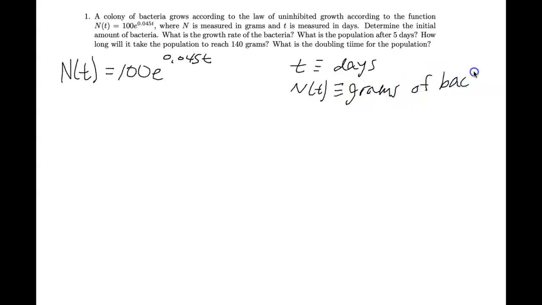In some cases we will want to find the formula, and we see that t is in days, N of t is the amount of bacteria, so grams of bacteria. And so in this first question, we want to determine the initial amount of bacteria.